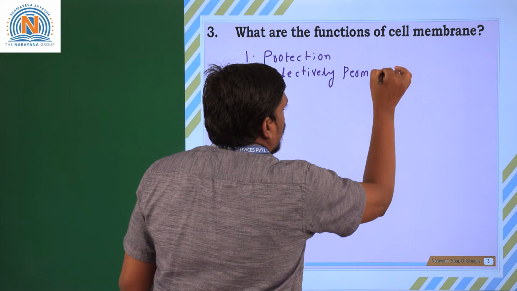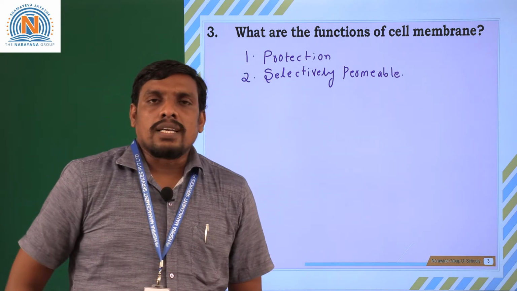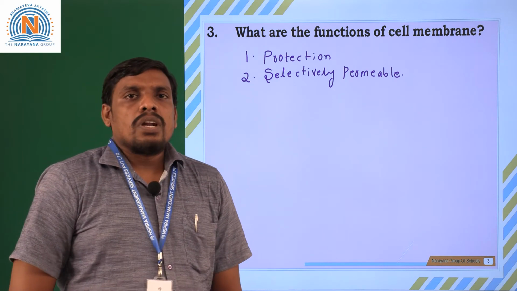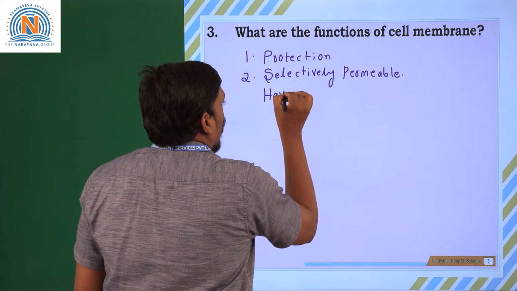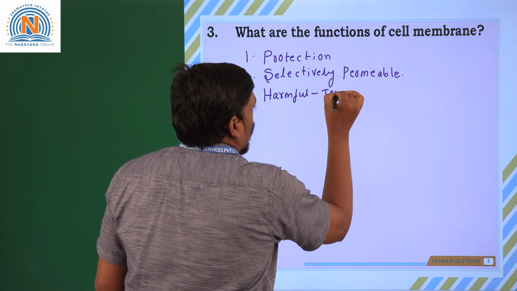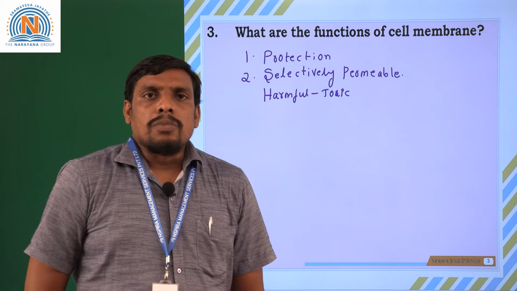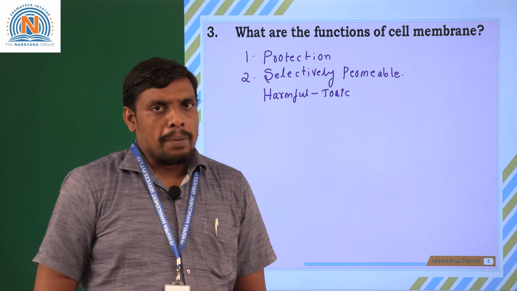What do you mean by a selectively permeable membrane? It's a membrane which allows certain kinds of substances into the cell. At the same time, harmful substances such as toxic chemicals are prevented by the cell membrane, which is also known as a selectively permeable membrane.